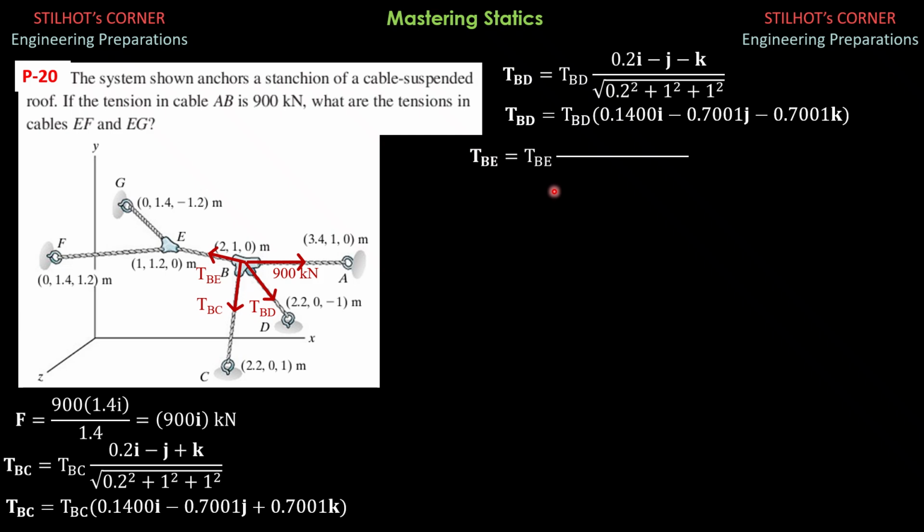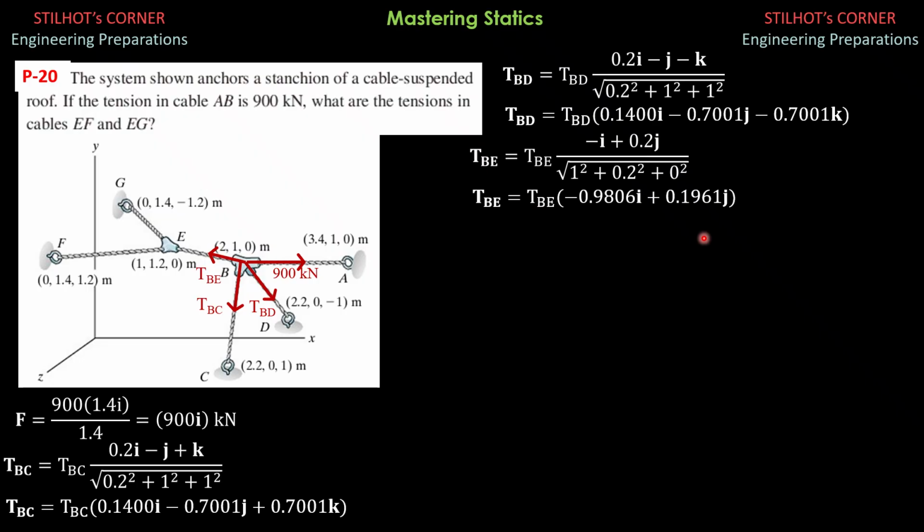So tension BE quantity negative 1I, 1.2 minus 1, positive 0.2 J, then 0 minus 0, so 0K, over square root of 1 square plus 0.2 square plus 0 square. So that would be tension BE times quantity negative 0.9806 I plus 0.1961 J.